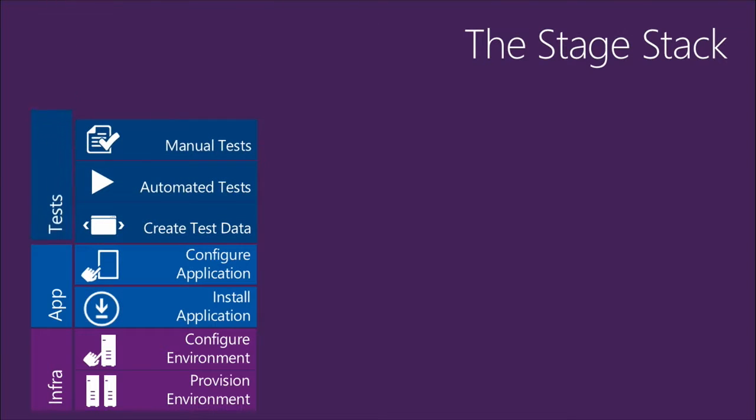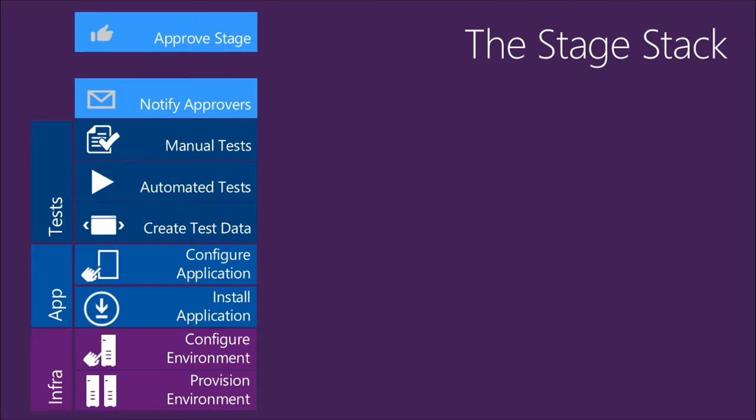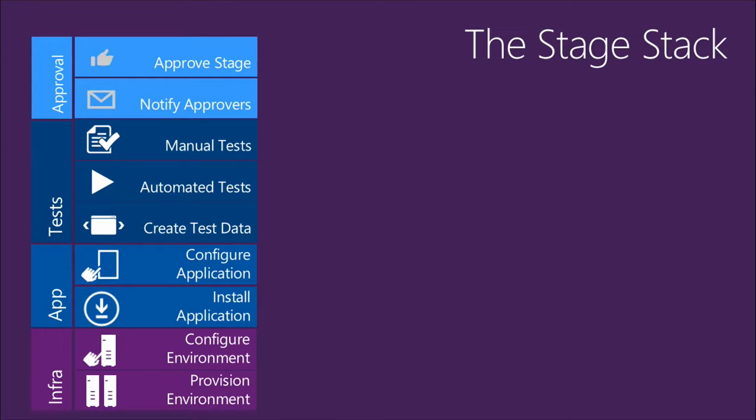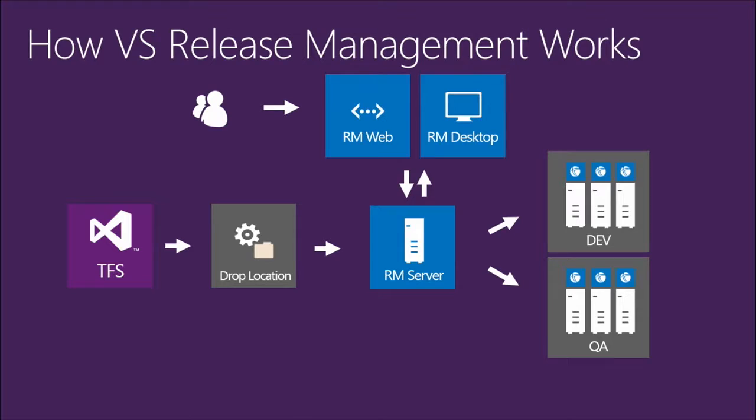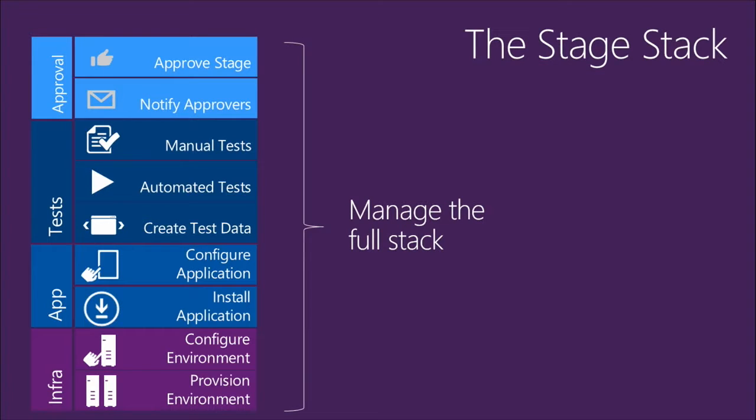You can create test data, automated tests, or do tests on top of that as part of this workflow, and you can have approval, and of course, like we mentioned earlier, traceability and auditability through this entire pipeline. So really, you have a lot here, right? You've got a system to help you manage that full stack, and of course, you may plug into different systems throughout that overall life cycle.